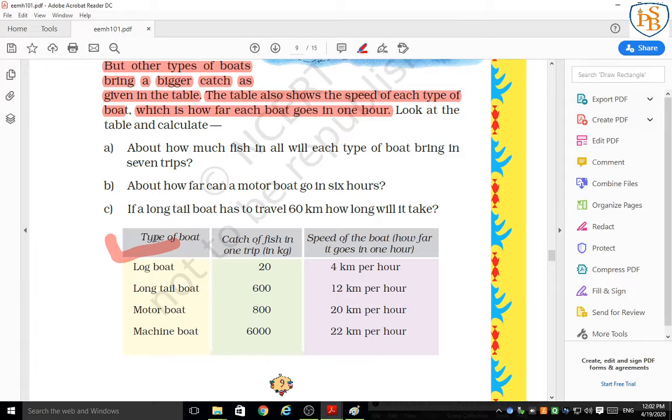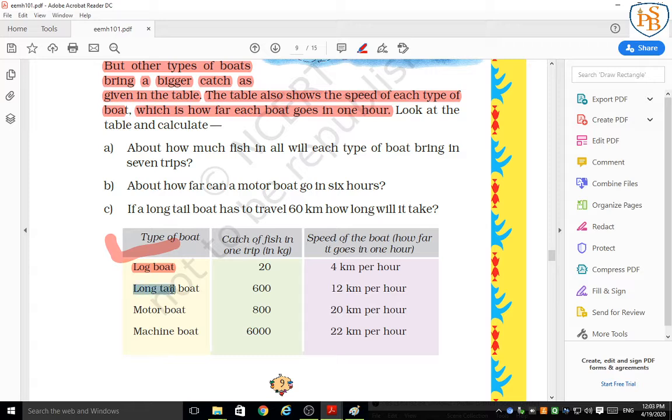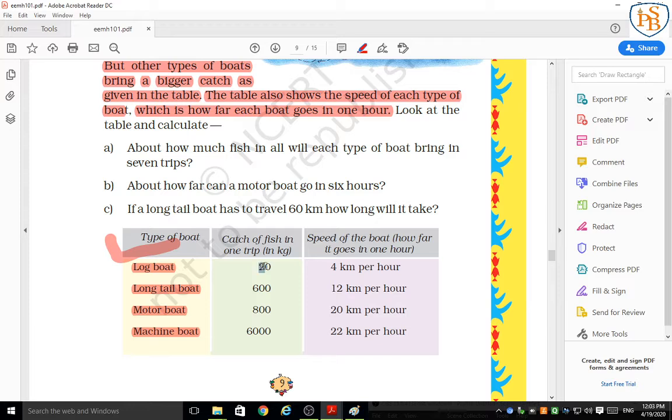The first column is the type of boat. As we already learned, the first one is log boat, correct? Second is long tail boat, then motor boat and machine boat. Here are 4 types of boat. First, logboat. Logboat catches 20 kilogram of fish in one trip.